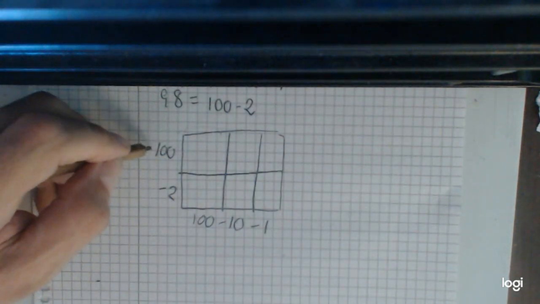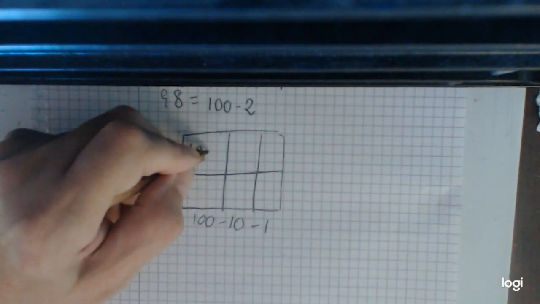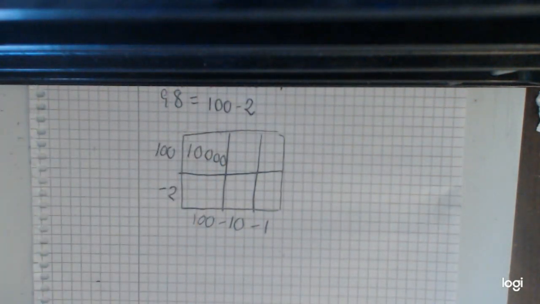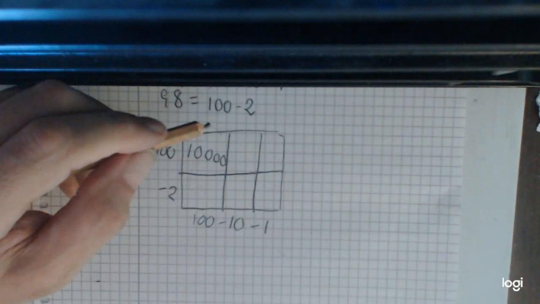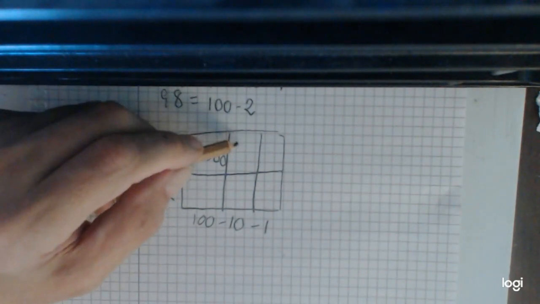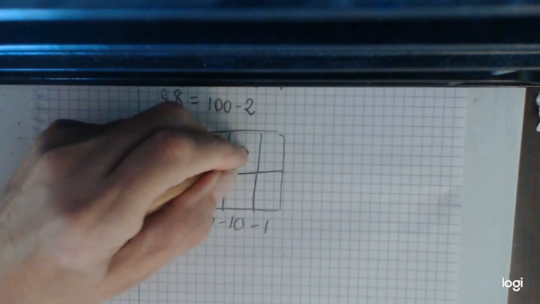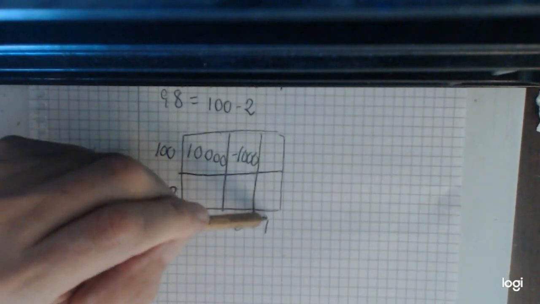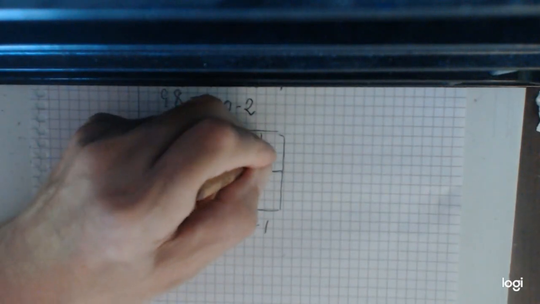So this one here is 100 times 100, that's 1 with 4 zeros, 10,000. And this rectangle here is minus 10 times 100. That's minus 1,000. And this here is minus 1 times 100, so that's minus 100.